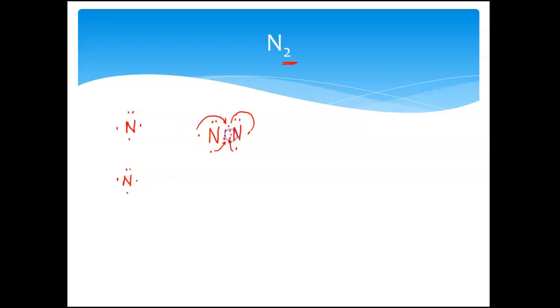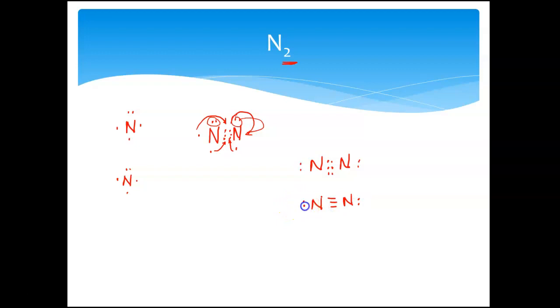And you'll notice that by doing that, I now have in between these 2 nitrogen atoms a total of 6 electrons. And then these lone pairs, I'm going to move them as far away from each other as possible, so that would put them on these ends. And now I have something that we call a triple bond.